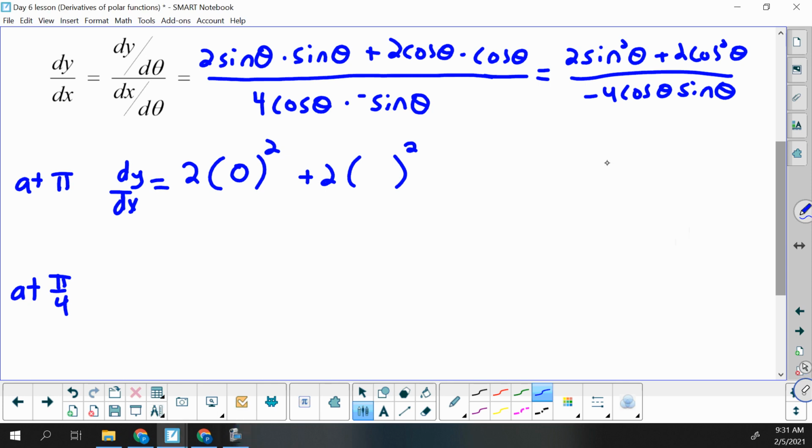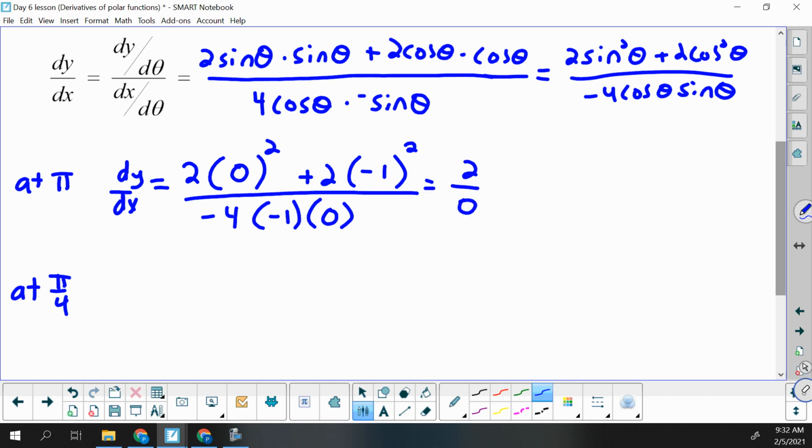Well, at pi, cos is -1, so we'll have -1 squared. Then on the bottom, we're going to have -4 times whatever cos is, which we saw was -1, times whatever sine is, which we saw was 0. Well, this is going to give us 2 over 0, so our slope at pi, we would say, is undefined.